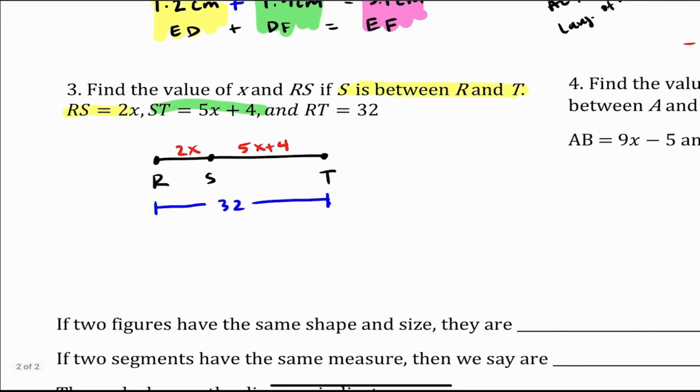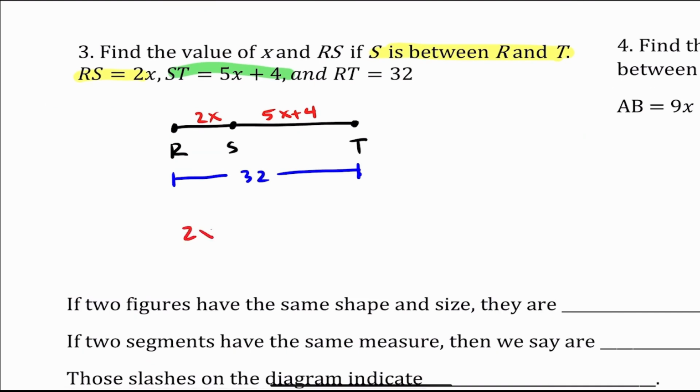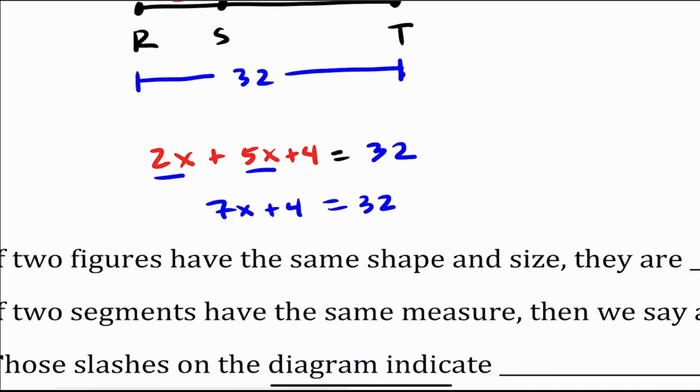So we're going to apply the segment addition postulate, or in other words, part plus part is equal to a whole. I have 2x plus 5x plus 4 equals 32. I'm going to go ahead and combine the like terms here. So 2x plus 5x, that's 7x plus 4 equals 32. And I have to get that 7x by itself, so I subtract both sides by 4 here. So I have 7x equals 32 minus 4, which is 28.